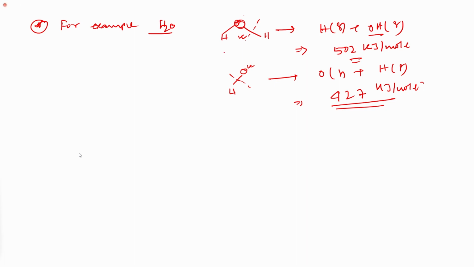So this is an example for the water molecule. Similarly, there are lots of polyatomic molecules. For polyatomic molecules, you have to write the mean or average bond enthalpy.